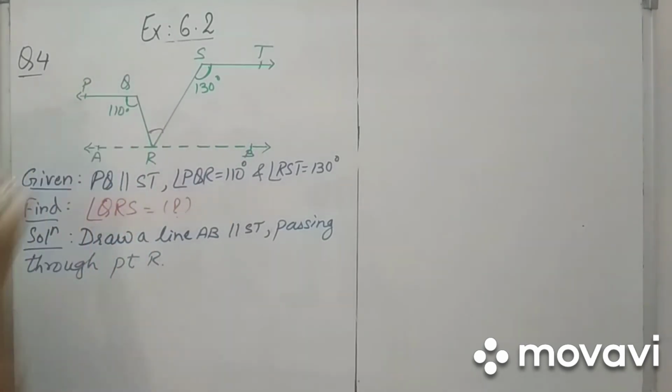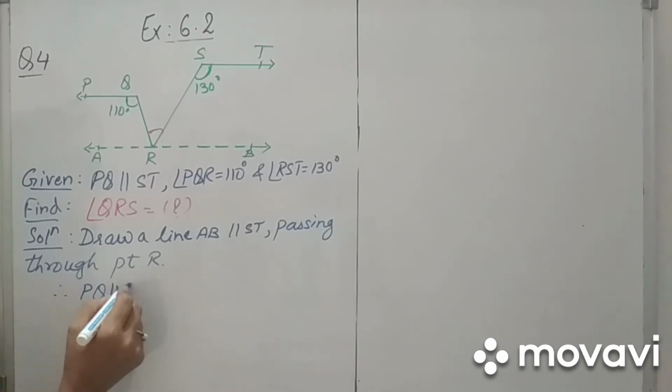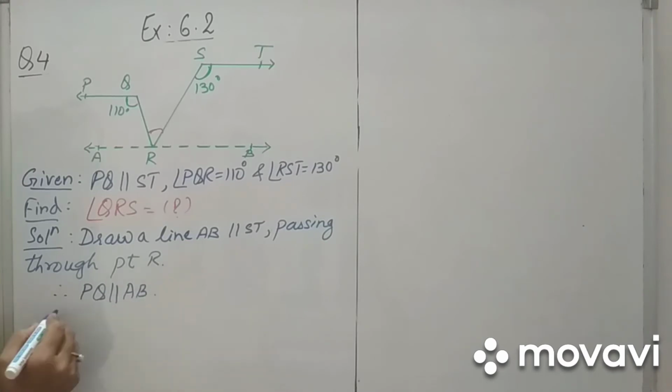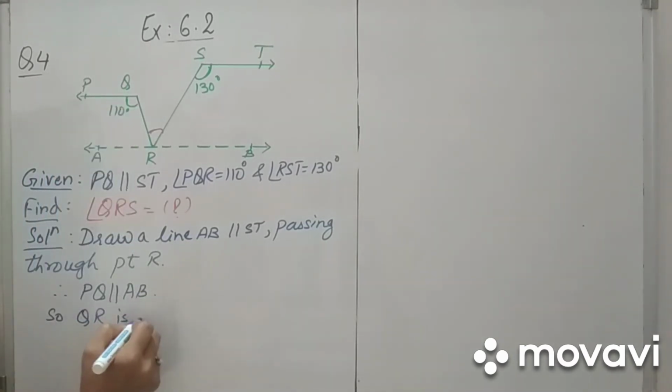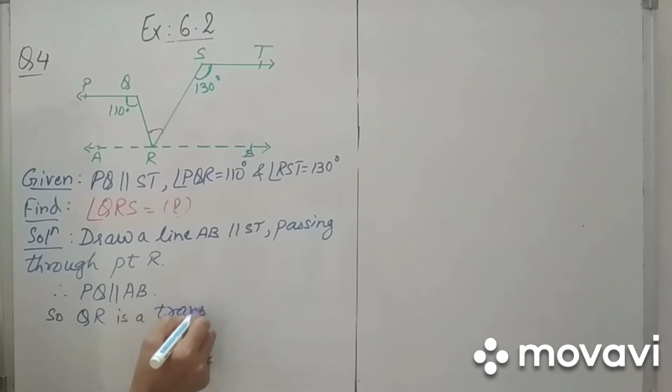Are they also parallel to each other? Naturally, they are also parallel to each other. Therefore, I write PQ parallel to AB. Let us take this relation now. So, QR is a transversal.